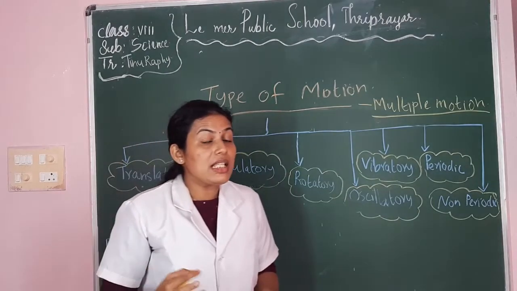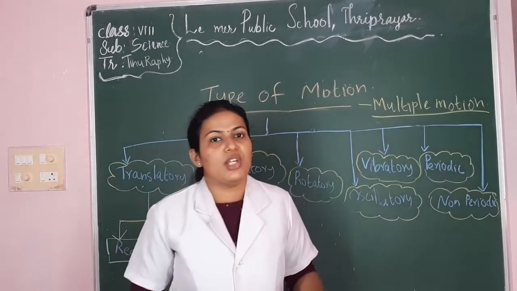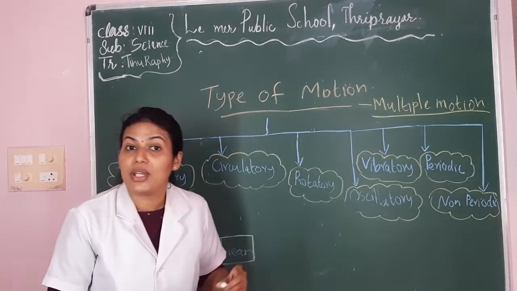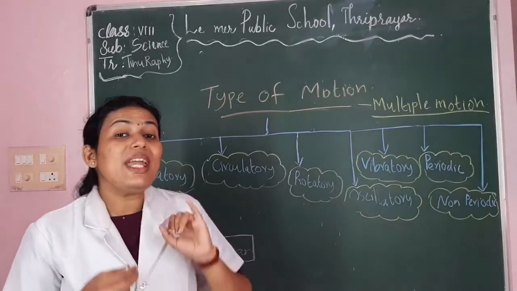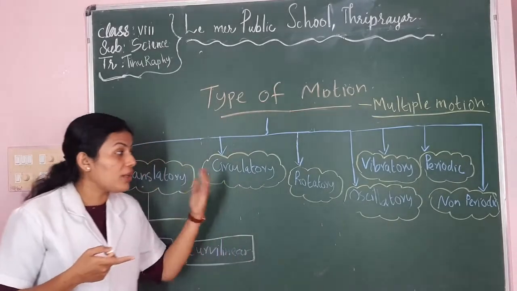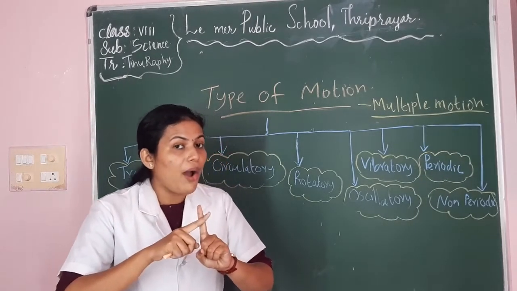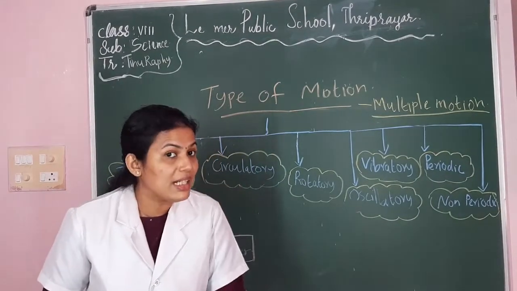Multiple motion means the object possesses two or more types of motions while moving from one place to another, or while showing the motion. For example, when a boy rides a bicycle, the wheels of the bicycle show rotatory motion, isn't it? Because the wheels are fixed at a single point and the wheels are rotating. Hence, it shows a rotatory motion.